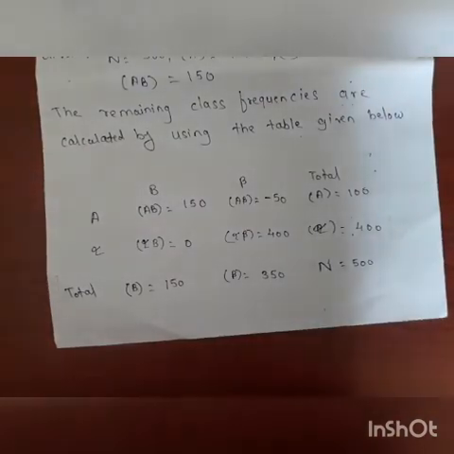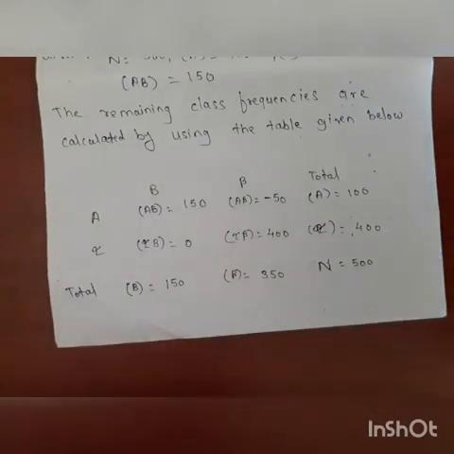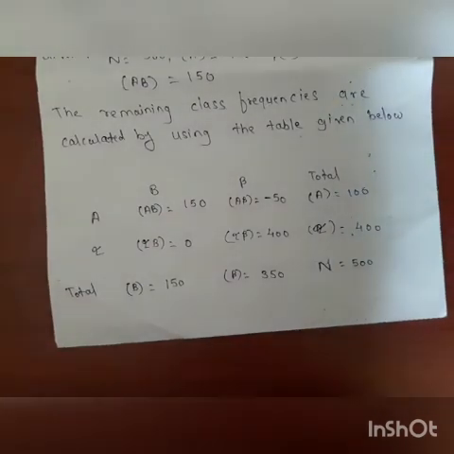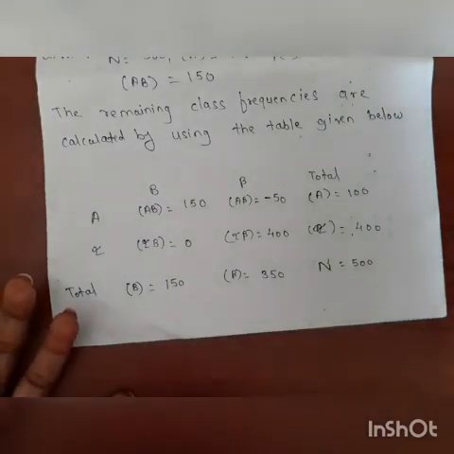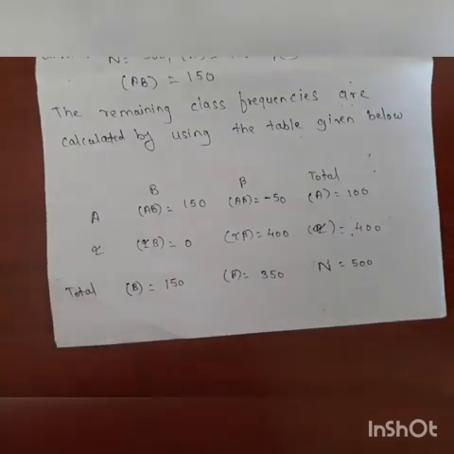Here we check whether the information is consistent or not. For the condition of consistency of data, we know for two attributes A and B, if all of (AB), (Aβ), (αB), (αβ) are greater than or equal to 0, then this is consistent.